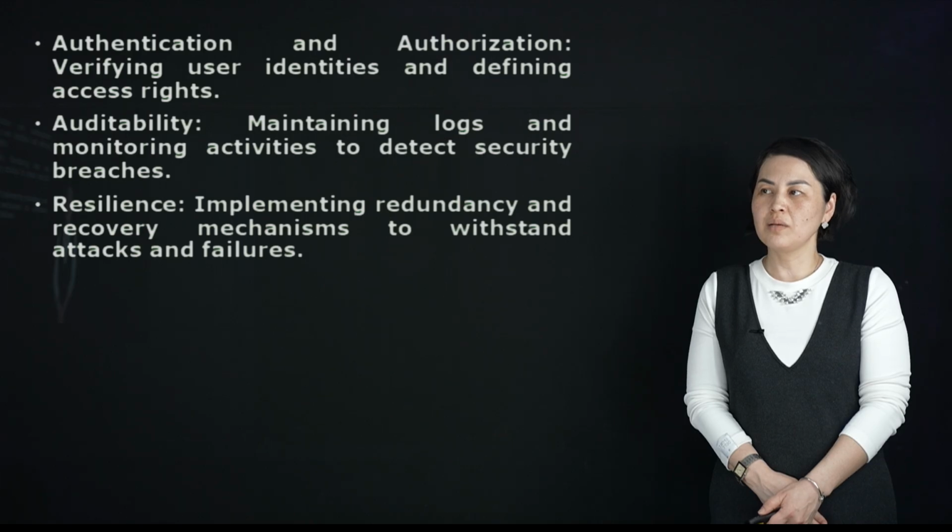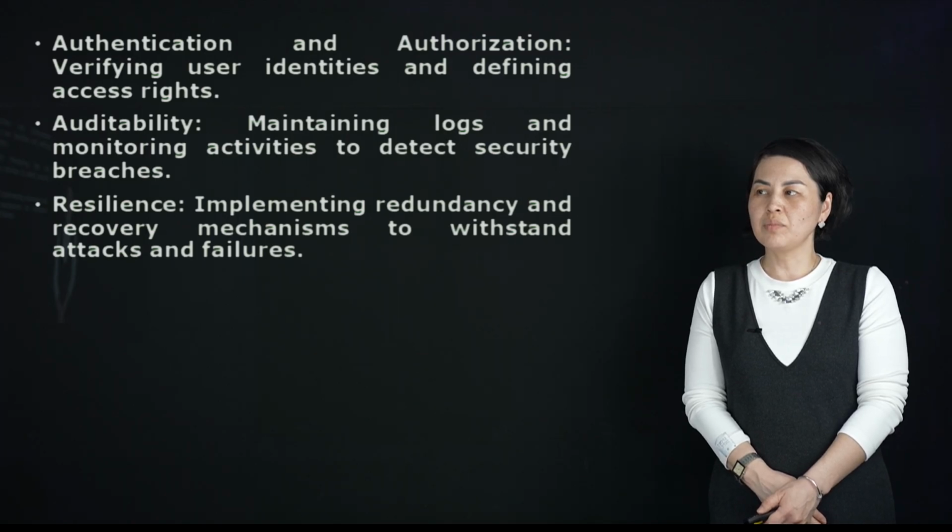Auditability is about maintaining logs and monitoring activities to detect security breaches. And the last one is resilience. It's about implementing redundancy and recovery mechanisms to withstand attacks and failures.